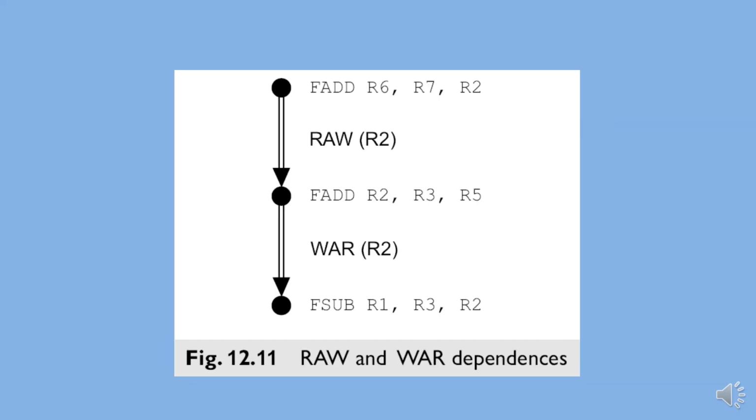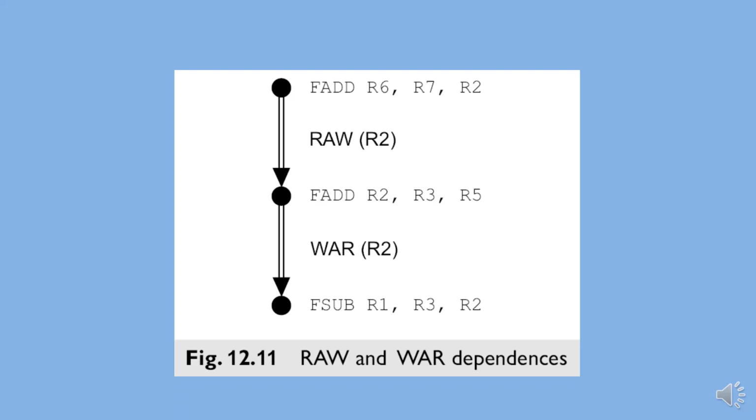Let us consider the instructions F add R6, R7, R2 and F add R2, R3, R5 followed later in the program by the instruction F sub R1, R3, R2. The first F add instruction is writing a value into R2, which the second F add instruction is using. That is, there is true data dependence between these two instructions.